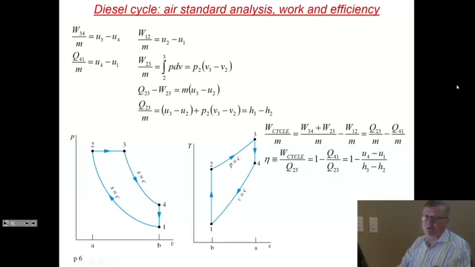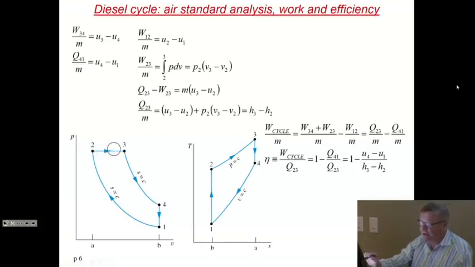So now let's put the whole thing together and calculate net work and efficiency. So work really has three terms. Work has, on the one hand, the classic expansion in the power stroke, 3 to 4, U3 minus U4. You have, of course, the classic compression work that you have to input in your system, U2 minus U1.